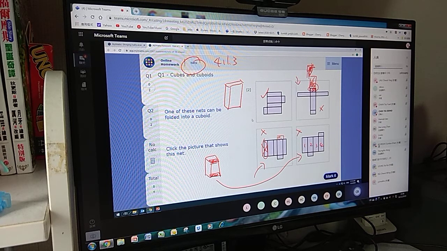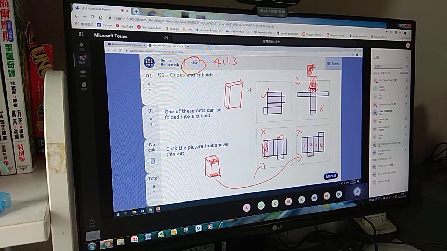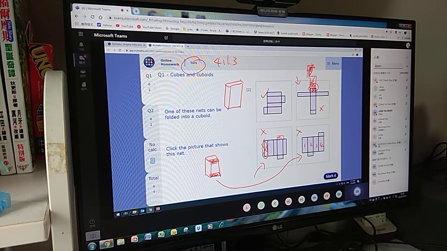Actually it relies on your sense of 3D shape. But I think you should have this sense because you are design students. I think this sense is also very important for a design student. So try your best to understand.